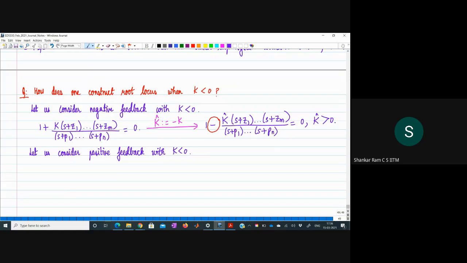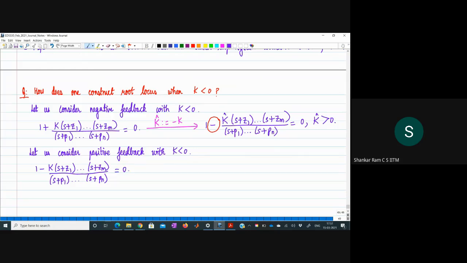So if we recall, with positive feedback and positive k, the closed loop characteristic equation was 1 minus k times (s plus z1), sorry, (s plus zm) divided by (s plus p1) all the way till (s plus pn) equal to 0.